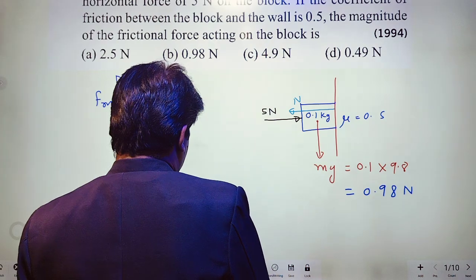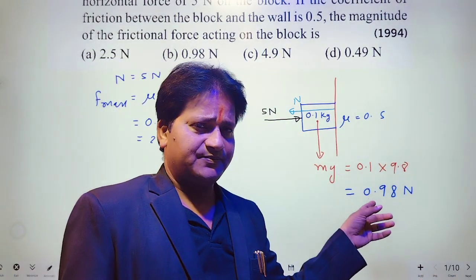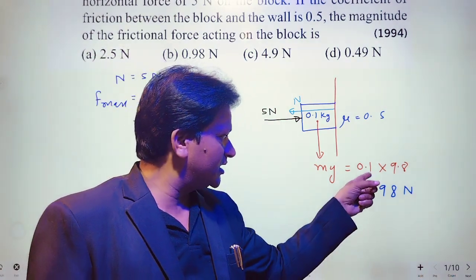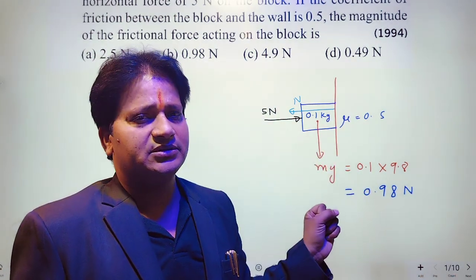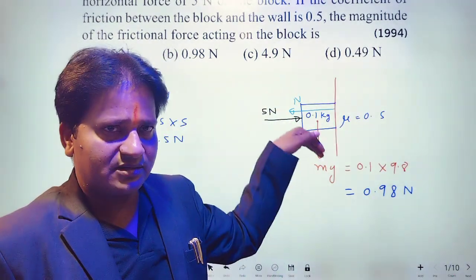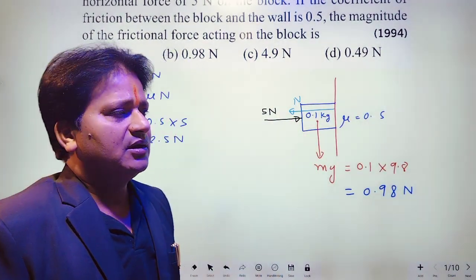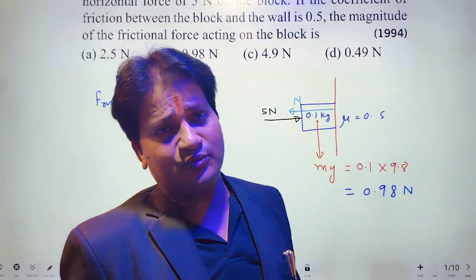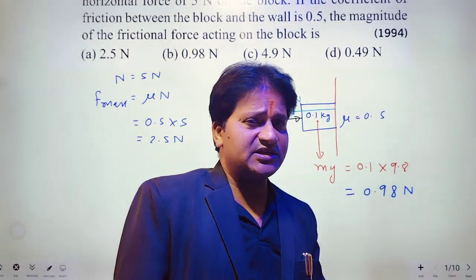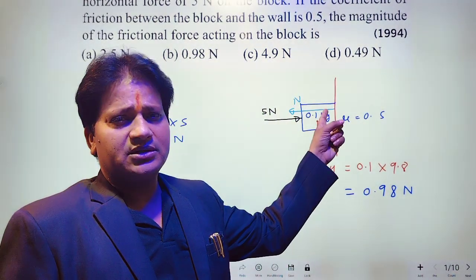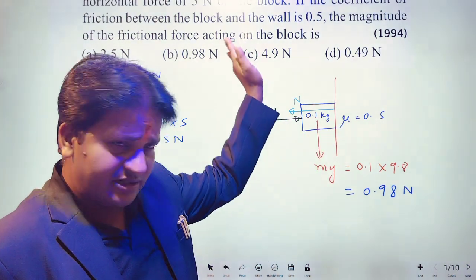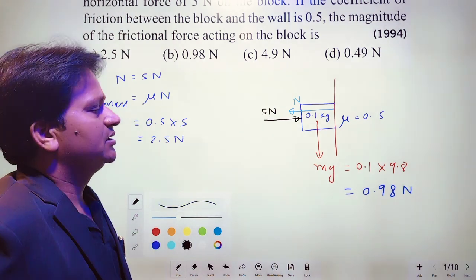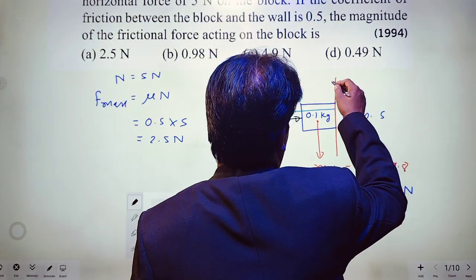This force can move the block in the downward direction. Friction force always opposes the tendency of relative motion. Due to this gravitational force, the block has a tendency to move downward, and friction force always opposes the tendency of relative motion.